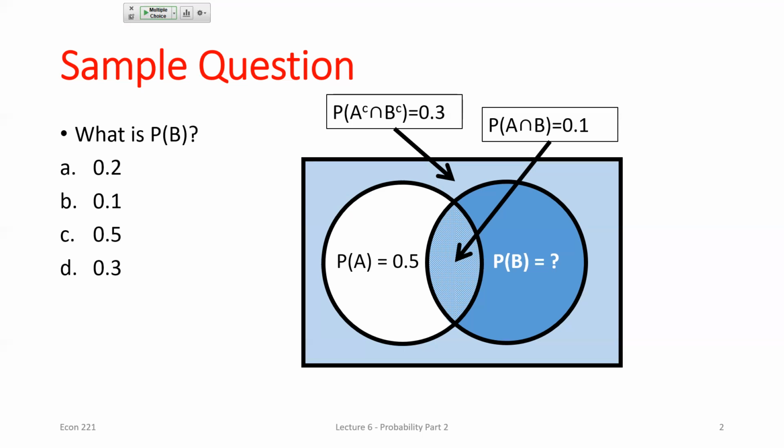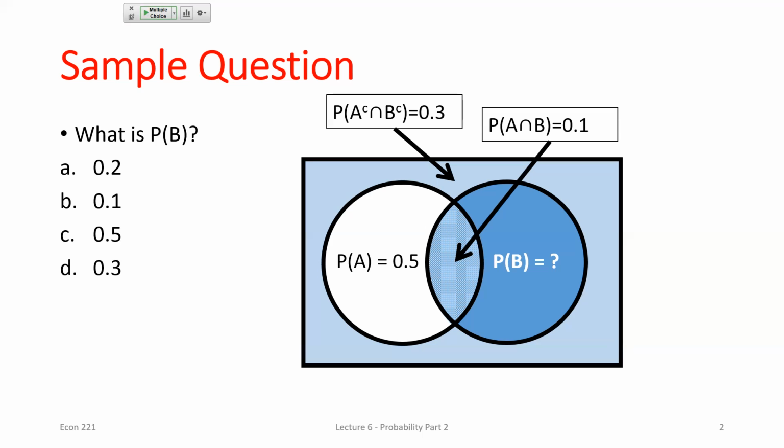Wait, no. Intersection of the complements is 0.3. Now it's just a little bit of algebra, right? So 0.5 plus 0.3 minus 0.1 is 0.7. So the probability of B is 1 minus 0.7, or 0.3. So basically just using that equation, plugging my values in, and it's just a little bit of algebra.